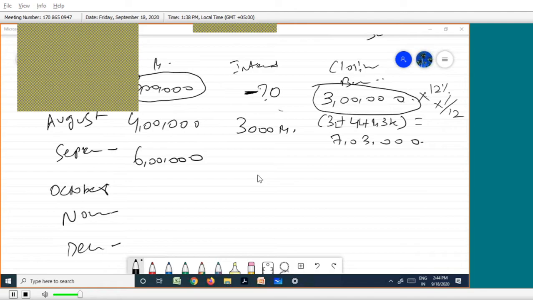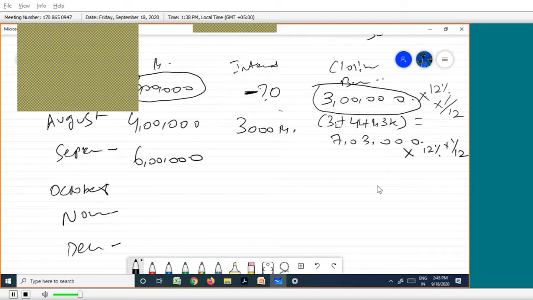So again I have to calculate interest. How to calculate that? 7 lakh 3,000 into 12% into 1 by 12. How much?